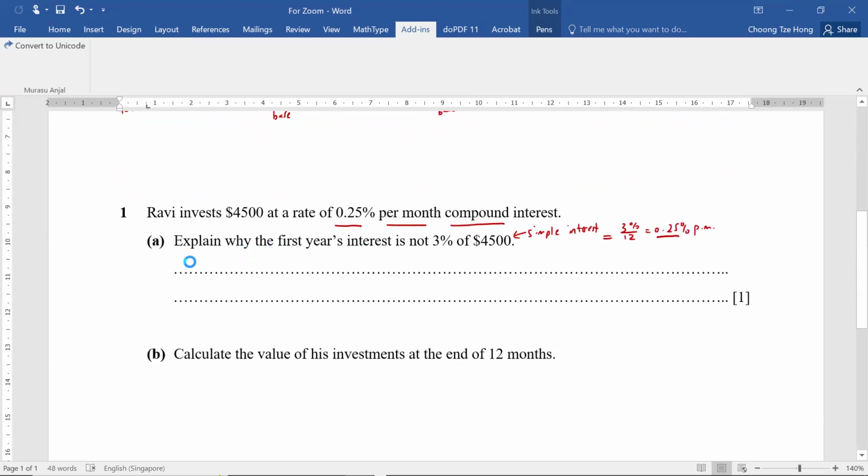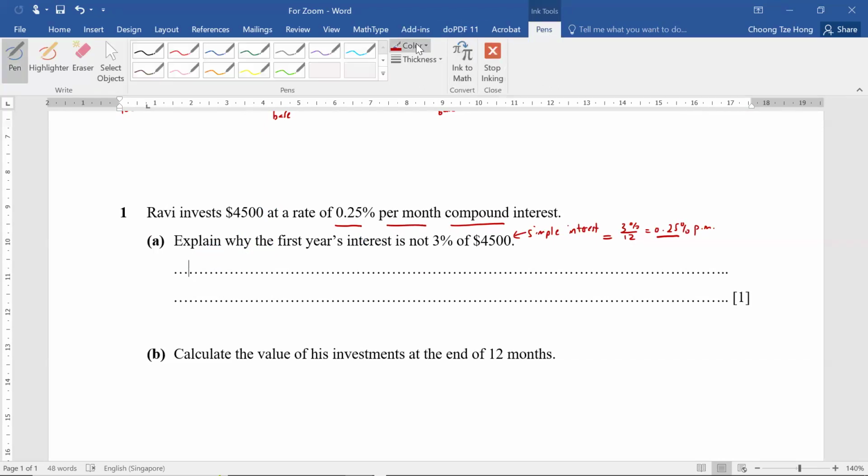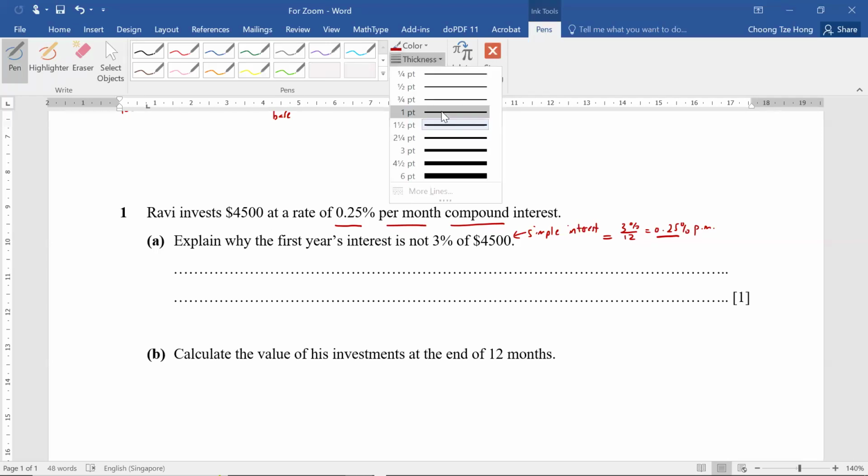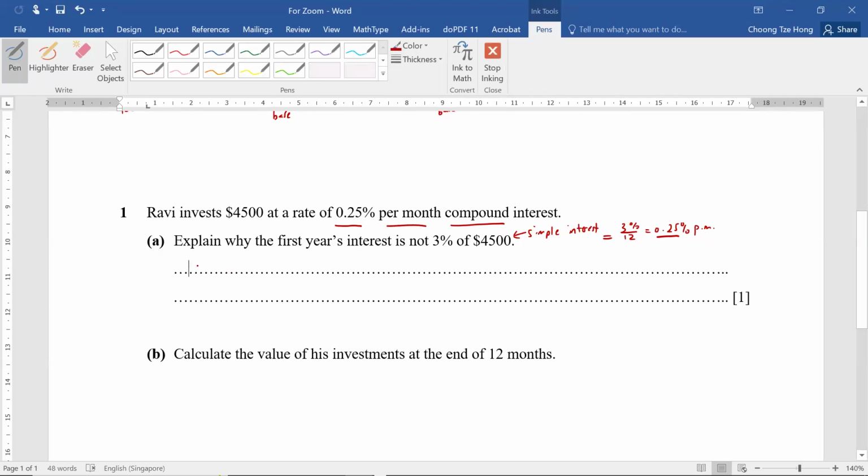Let's try to phrase the answer. Based on what we have understood, we are going to explain that Ravi's one is compound interest. And what does this compound interest entail?